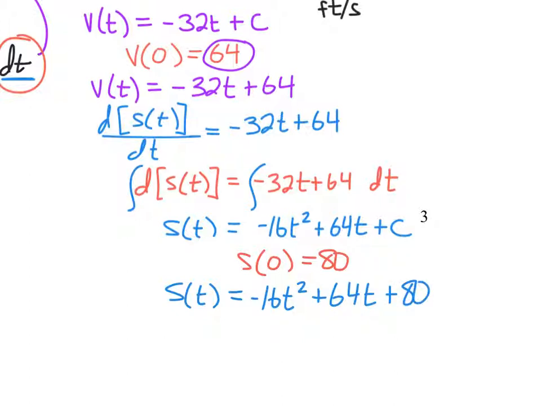All right, so this one right here appears to be 1/2 of the measure of acceleration. This one right here appears to be the initial velocity. And this one right here appears to be the initial height.